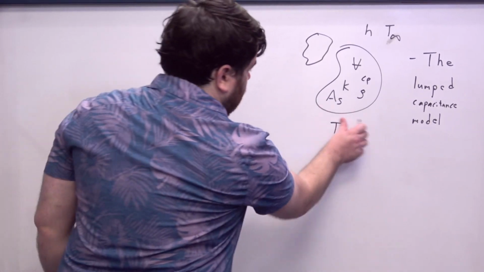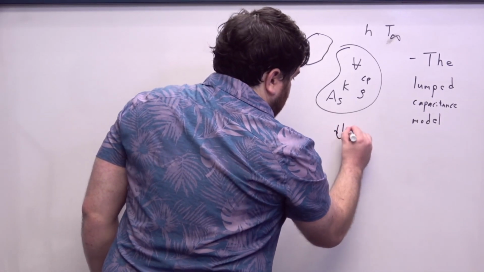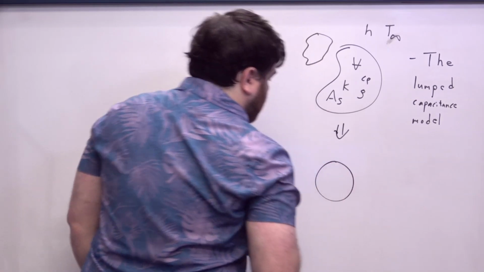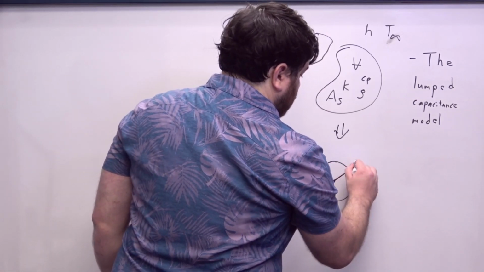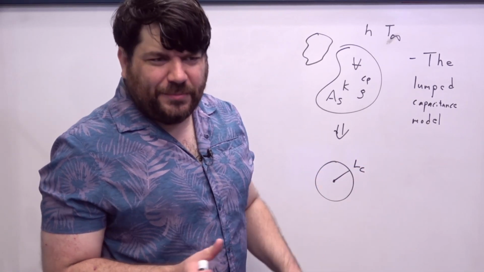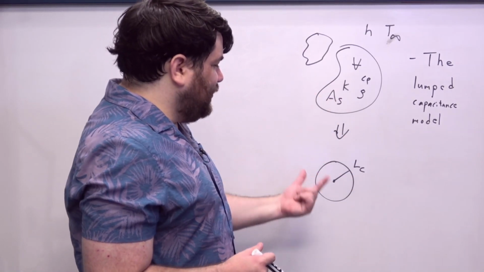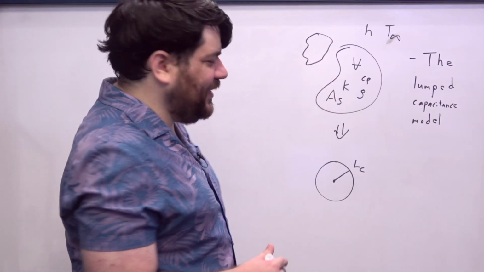And what we're going to do is we're going to say, well, what I want to do now is I want to create a sphere, okay? And this sphere is going to have a radius which is equal to L_C. And that L_C, which I'm going to call a characteristic length, right? Because it's a characteristic length that is representative of the size of this object, which we'll see in a second.